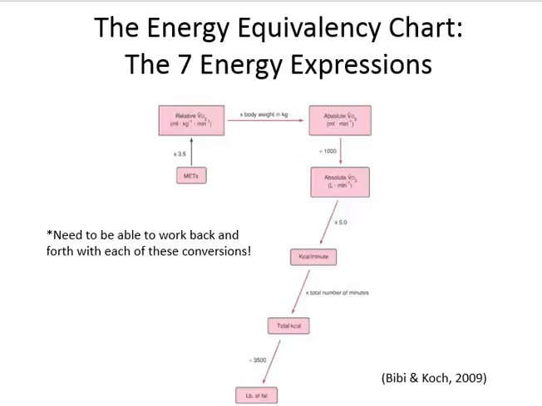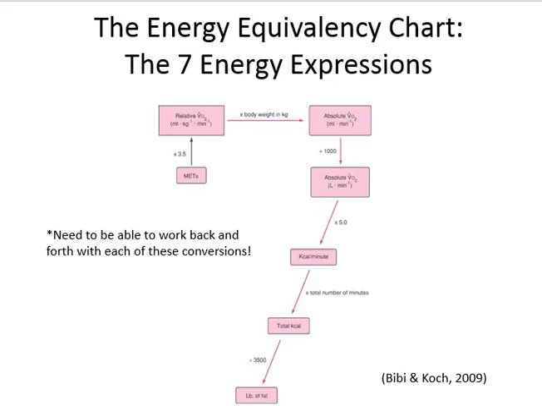So if you look at this flow chart of energy equivalency, being able to work from METs to VO2 in milliliters per kilogram per minute, to VO2 in milliliters per minute, to VO2 in liters per minute.